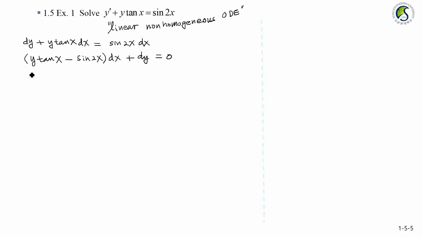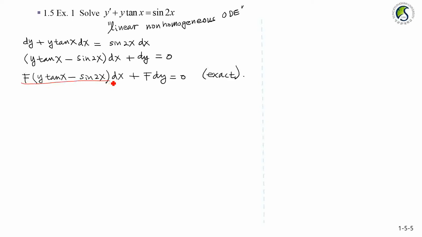Assuming that we could find the integrating factor f, we multiply by f and we get an exact ODE, f times (y tangent x minus sine 2x) dx plus f dy is 0. Then this should be exact if we can find such an integrating factor f.